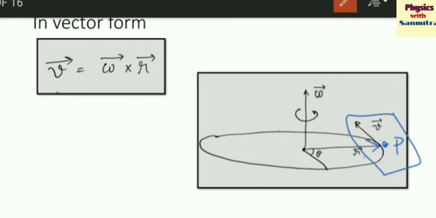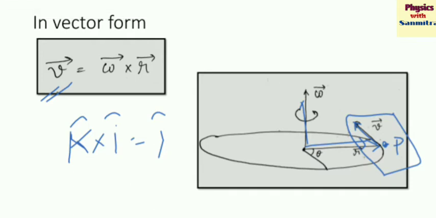See here, omega cross r, omega is in the upward direction, r is in the, say, x direction, so k cap cross i cap is equal to j cap. So this v is in the plus y direction, so v vector is equal to omega cross r, all in vectors. So this is very important in vector form.